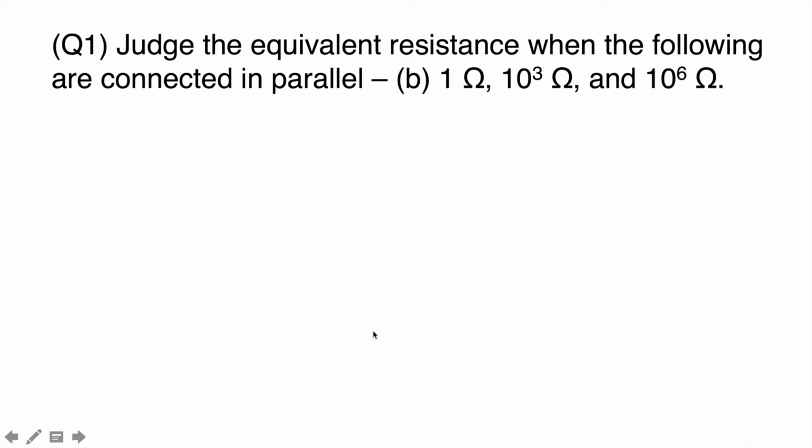In the case of B, 3 resistances are there. Again 1 by R is equal to 1 by R1 plus 1 by R2 plus 1 by R3. That means 1 by 1 plus 1 by 10 raised to 6 plus 1 by 10 raised to 3.